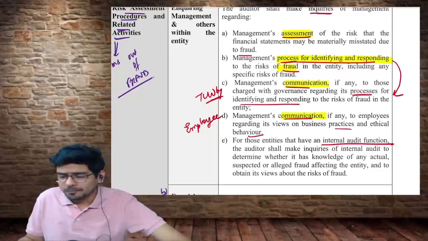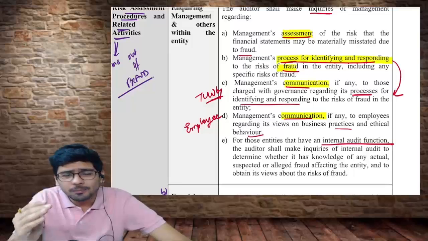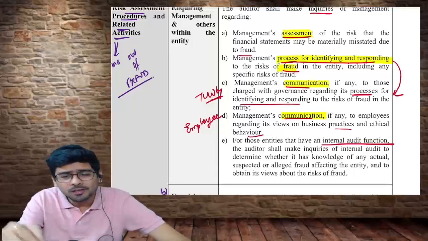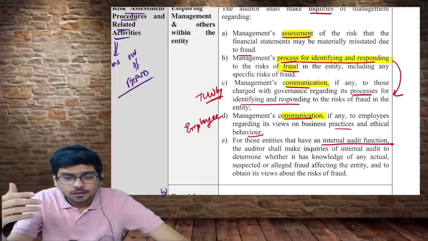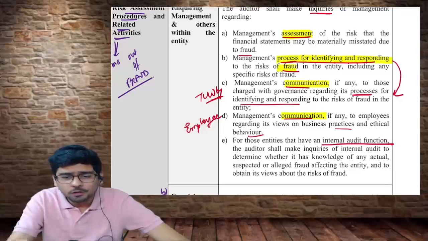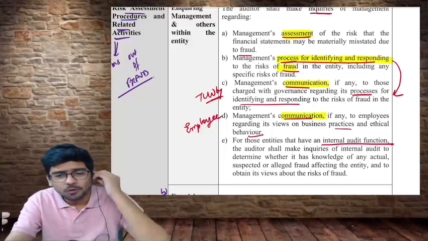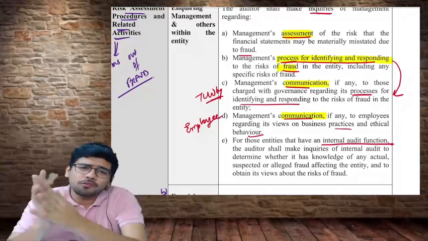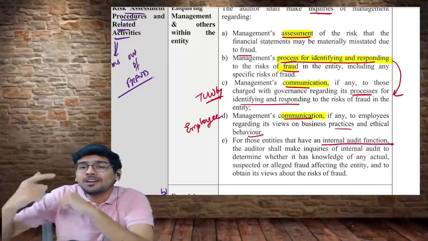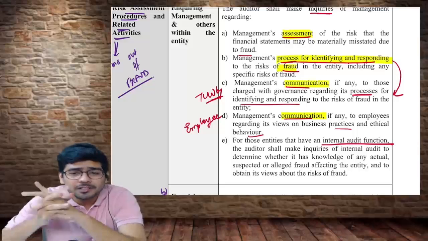Now please, again, let's come to the logic. If let's say we have an internal audit department in the organization, then what is going to happen to internal controls? The chances of internal controls being adequate, will it be high or low? If there is an internal audit department, what do you think? Yeah, obviously the internal control will be high. And don't you think the internal audit department will also be knowing about a fraud that might have happened in the organization?